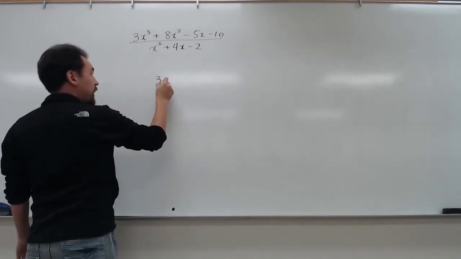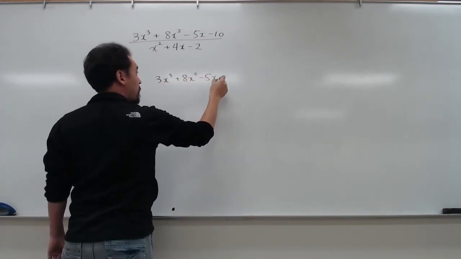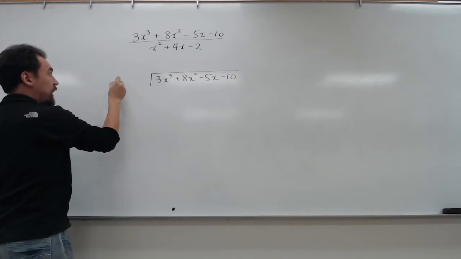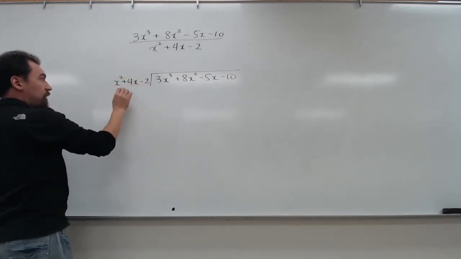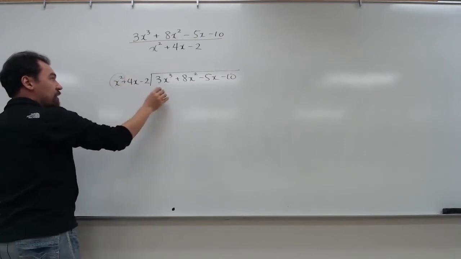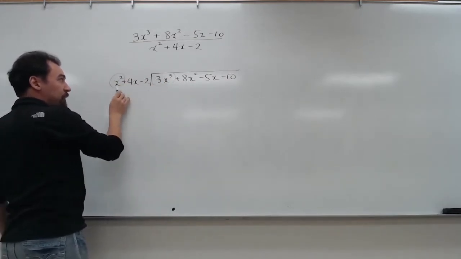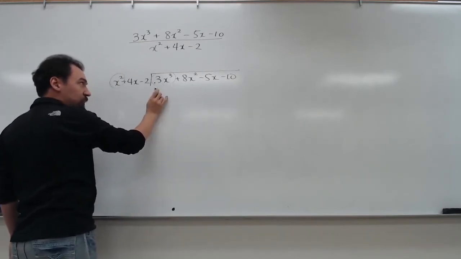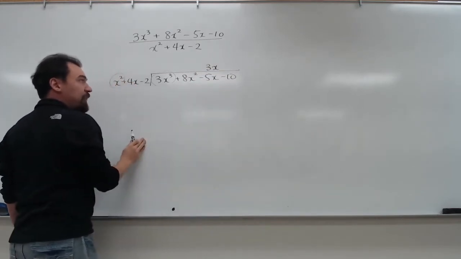We'll have the 3x cubed plus 8x squared minus 5x minus 10, and then we'll put the entire divisor on the outside. We're still looking for how many times does this go into that, leading term into leading term. And it's going to be x squared times x gives me x cubed, and I need 3 more. So I'm going to put 3x for the quotient lined up above the x term.